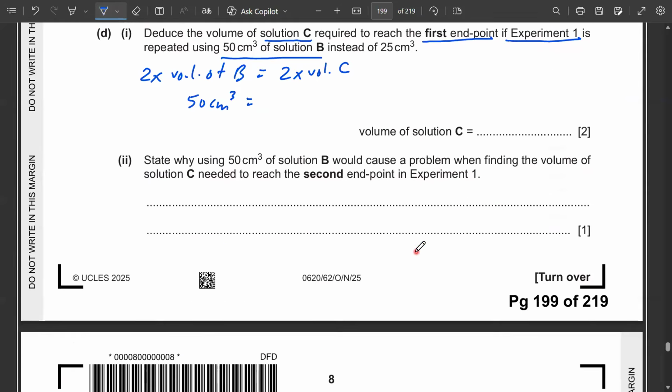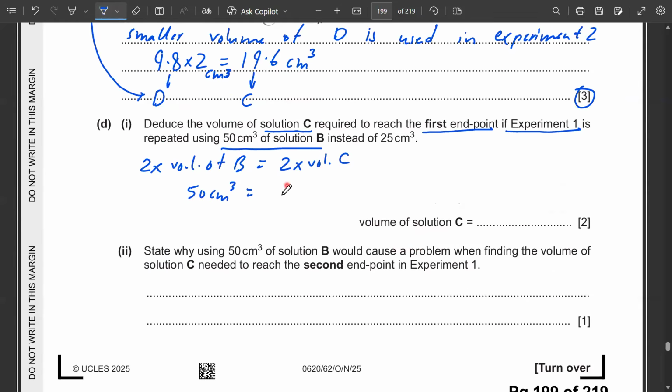So 19.6 times 2 will give you 39.2. If you look at the blank, it says volume of solution C. So it's not just the number, you have to indicate the unit of the volume as well. Only then you will get full marks. So 39.2 cm cube.